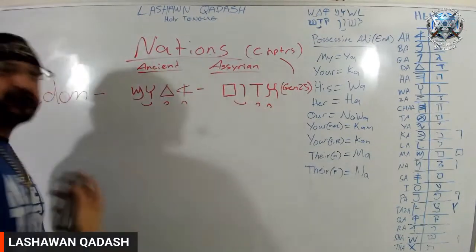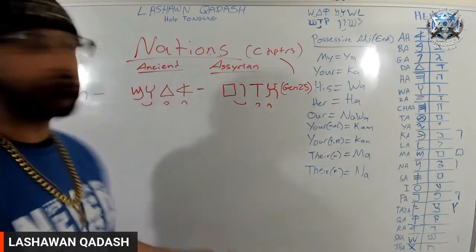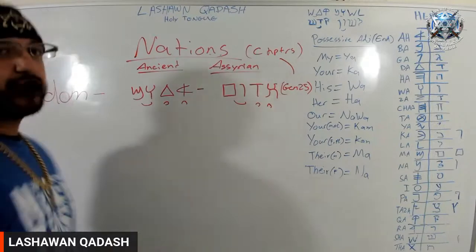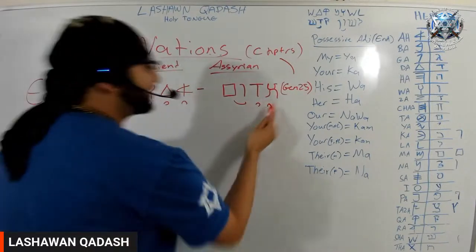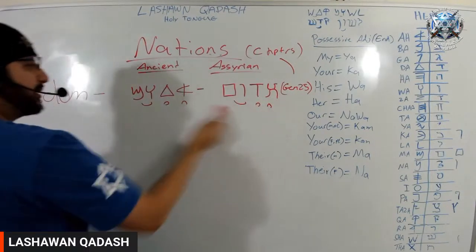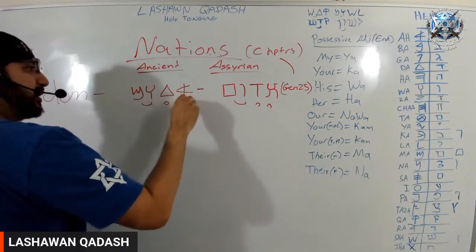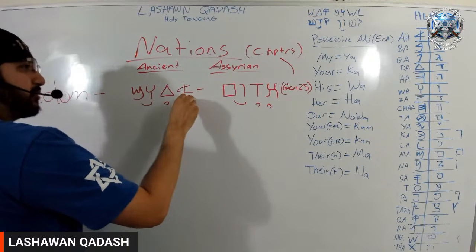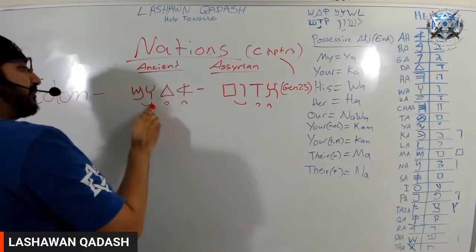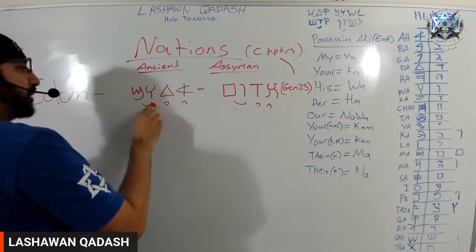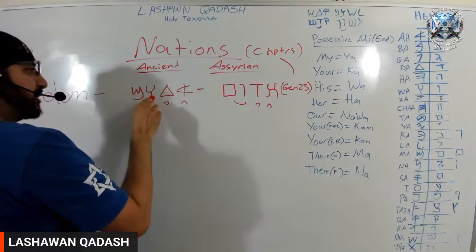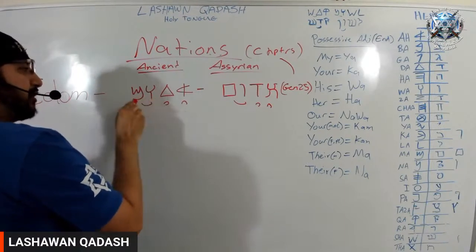Now, if it helps you to remember, use the connectors. I use the connectors. Even on the test, I wrote the connectors. Technically, you don't have to, but it helps you remember how to pronounce the name. Adawam. You see how when we have a curve down, that means this character is isolated to its own pronunciation. But when you have one of these joining marks right here, that means you're joining the beginning of this pronunciation with this character.